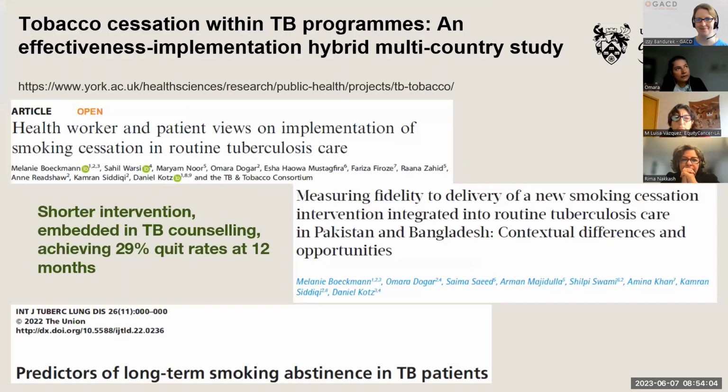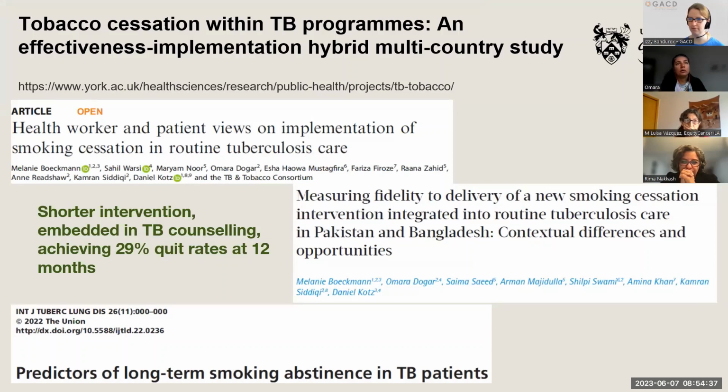So this work now I'm talking about is in the 2013 to 2016 time. After that, we got this Horizon 2020 grant to implement tobacco cessation further within TB programs in 3 countries, so Bangladesh, Pakistan, and Nepal. And this was an effectiveness implementation hybrid study, which recruited around 2,500 TB patients.